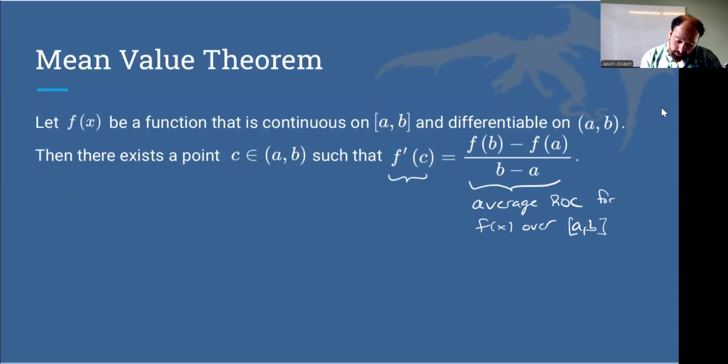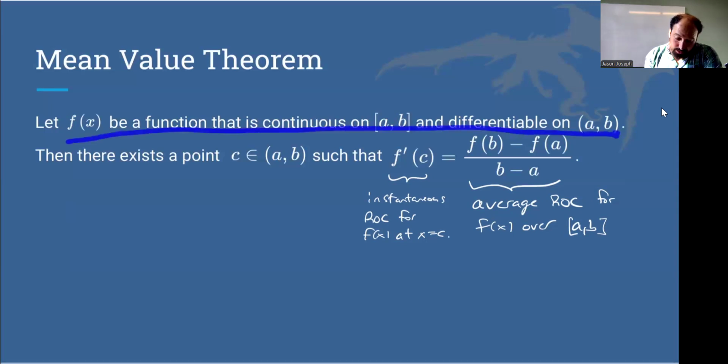F prime of C is the instantaneous rate of change for f of x at x equals C. So this theorem is saying that if these hypotheses are satisfied, then there is an actual point on that interval where the instantaneous rate of change equals the average rate of change.